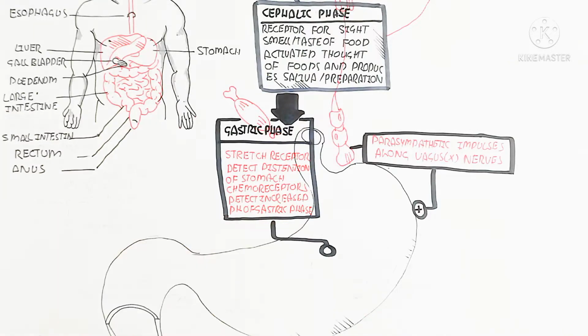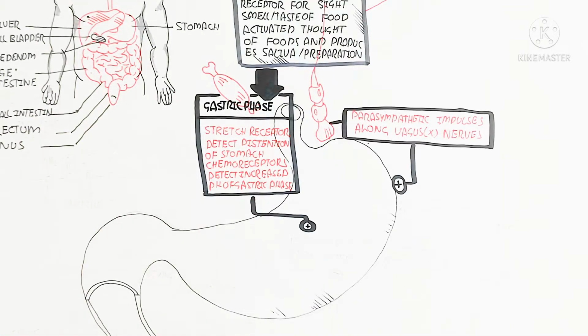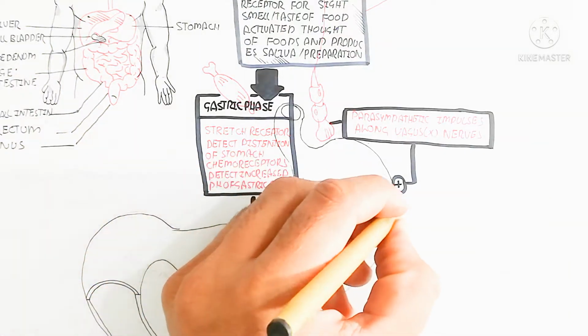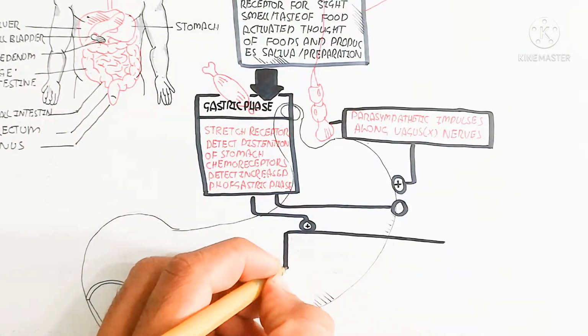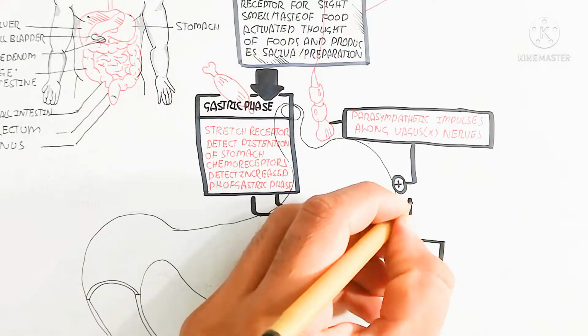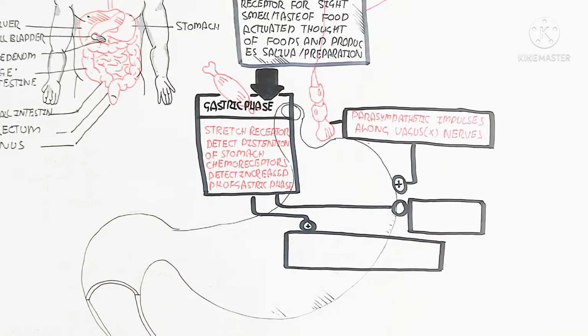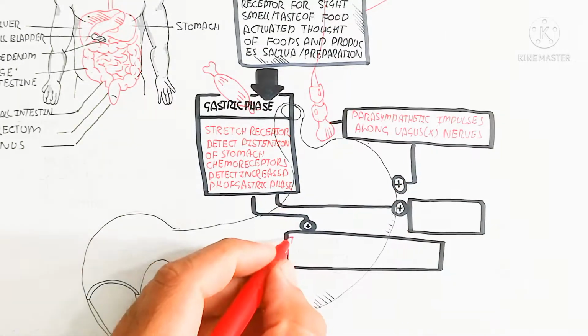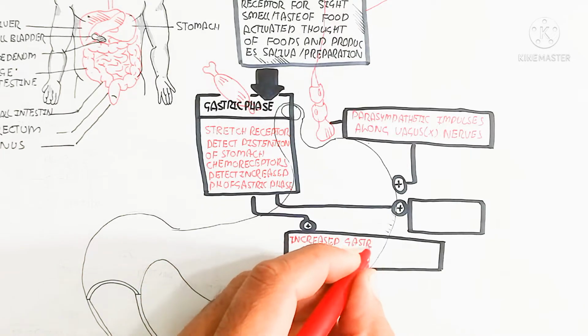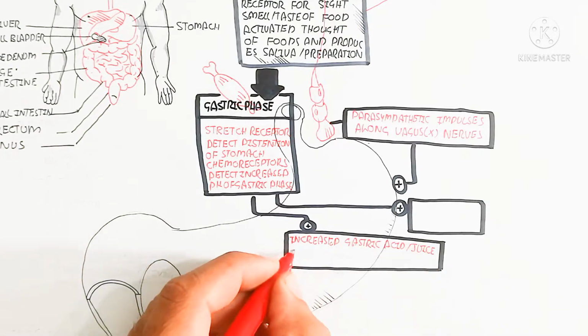That acid is known as hydrochloric acid. So in this way here you can see the increased gastric acid and juice from chief cells, and basically the chief cell will produce the gastric juice, and the gastric acid is produced from the parietal cell. So remember about that.